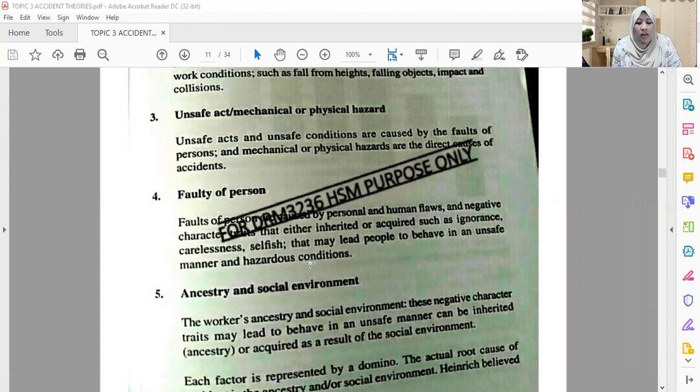It can be like, right now, if you can see the COVID-19 is everywhere, so people have to use masks, okay. So this can be like a potential, it's not an accident actually, but it is more caused by the physical hazard. For example, physical hazard, I give a very simple one, you know that there is a need to use a safety belt, right, when you are driving.